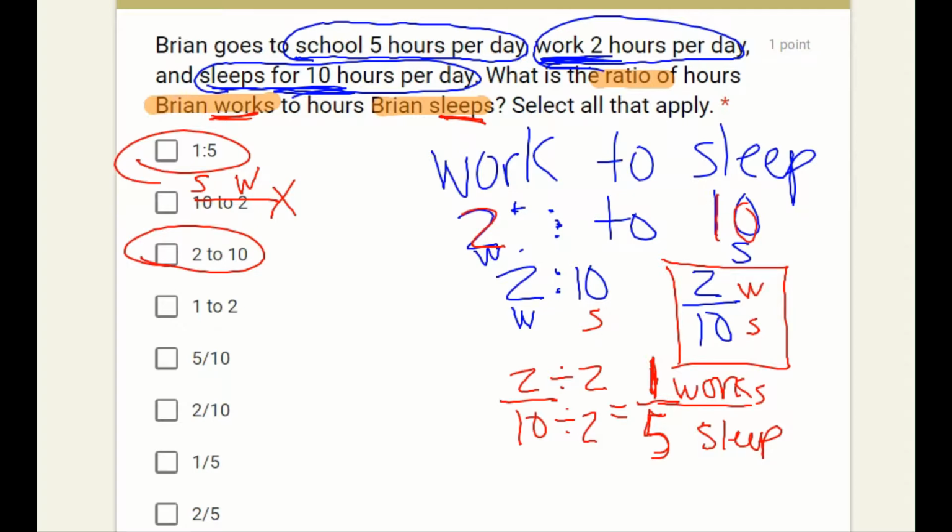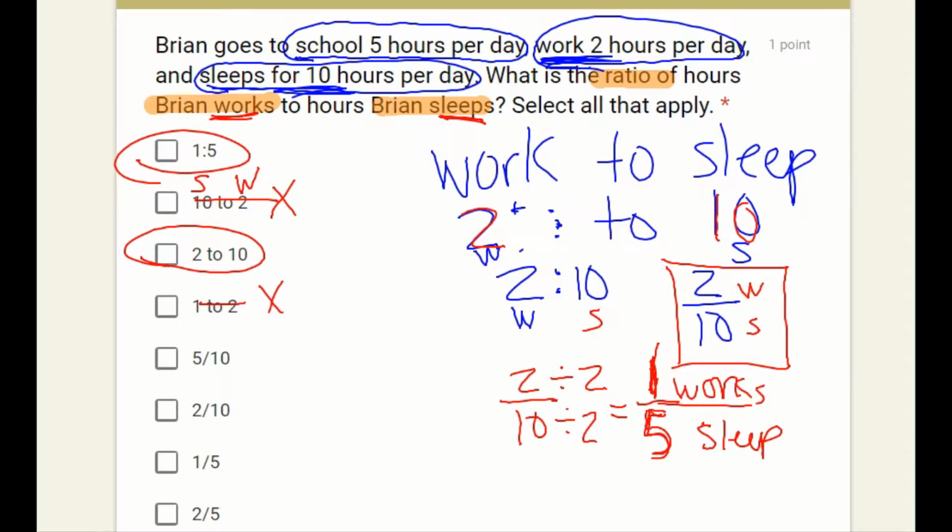The next one says 1 to 2. This is not the ratio. This is the ratio of work to something else, work to school maybe. So we're going to eliminate that because it should say 1 to 5, which is what's here.